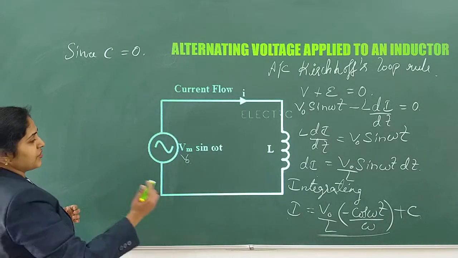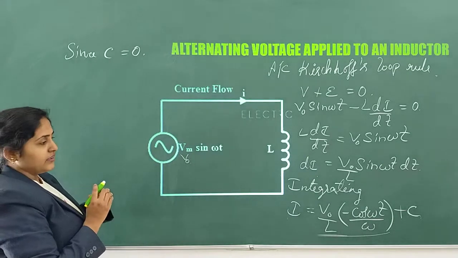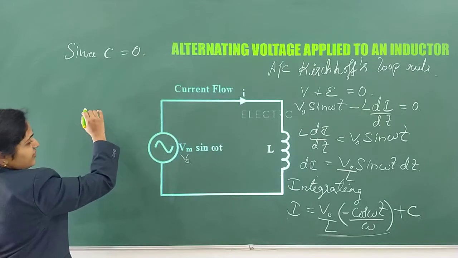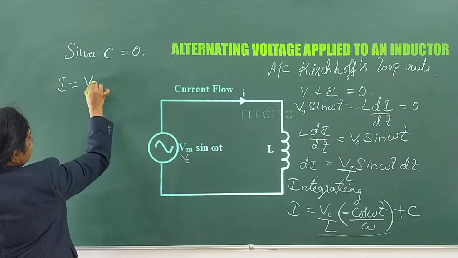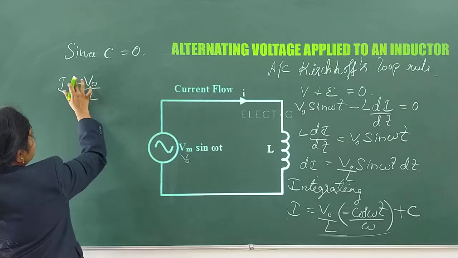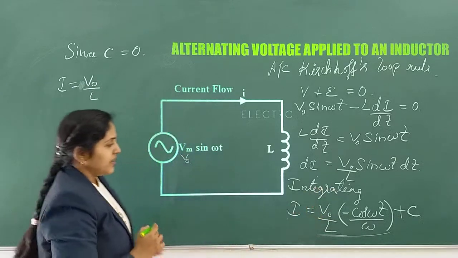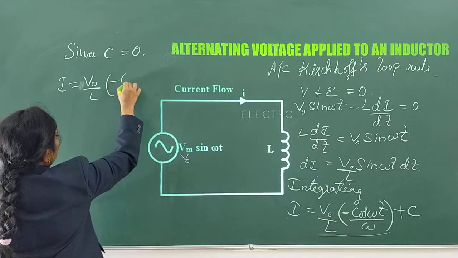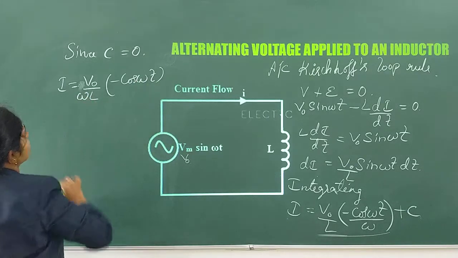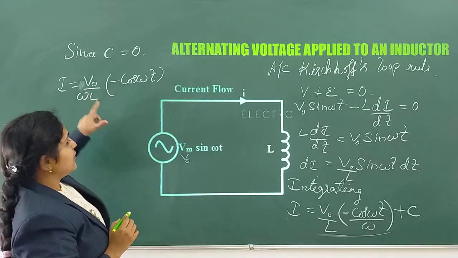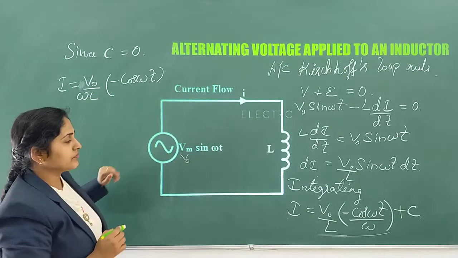The integration constant is 0. So let us carry the same equation except that C. The equation becomes I equals V naught by L, with the minus sign within the bracket as it is, minus cos omega t. Let me write this omega before L. So V naught by omega L, minus cos omega t.